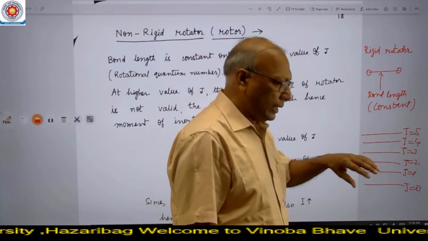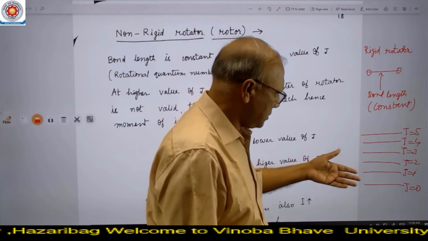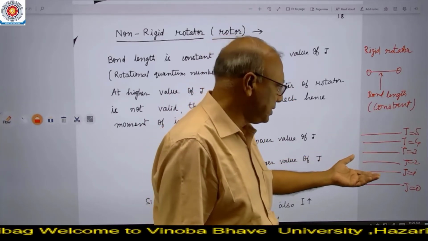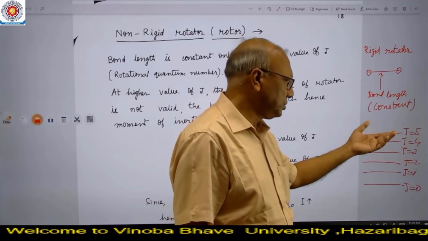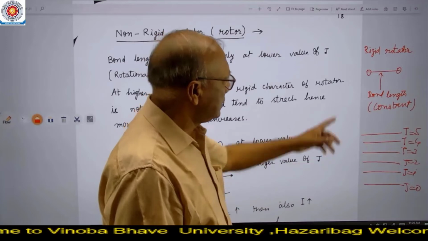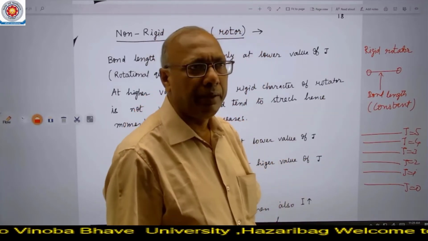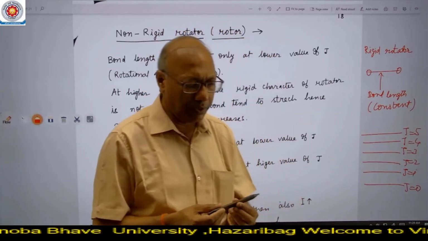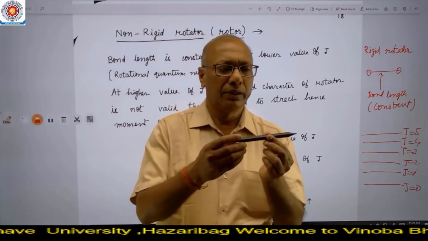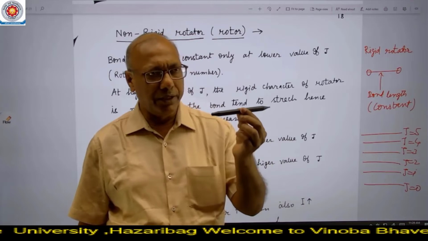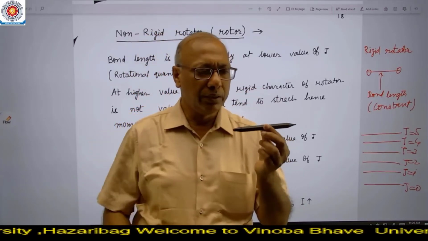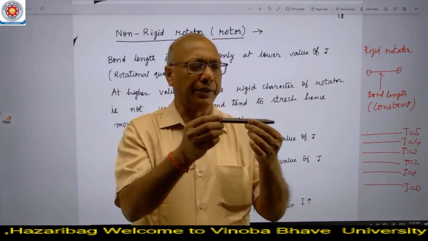But when energy increases, that is, if we go to higher rotational energy levels, that is J is equal to 3, J is equal to 4, J is equal to 5, then this condition is not fulfilled. We can also see this from a simple example. Suppose this is a diatomic molecule. There are two atoms and this is the bond length, and this is rotating.